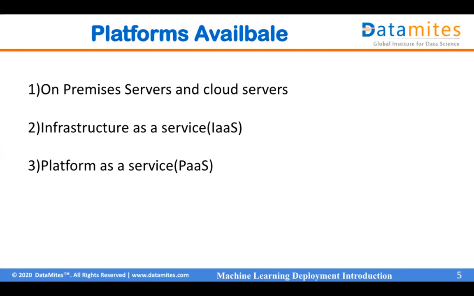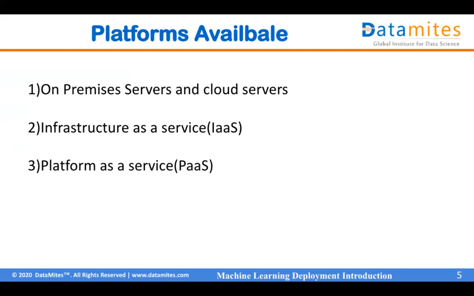Then we have the infrastructure as a service platform, right? Infrastructure as a service means they will be giving us the tech stacks. However, on those tech stacks, you will make sure that all the configurations of the tech stacks you are using are done by yourself. The team from the infrastructure side will not do anything, they will just provide the infrastructure.